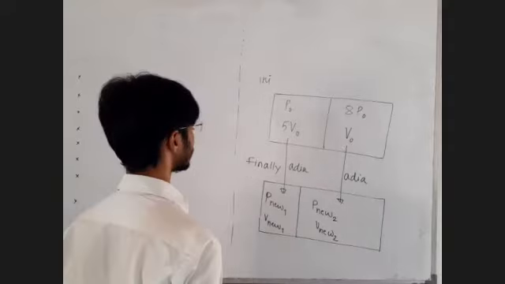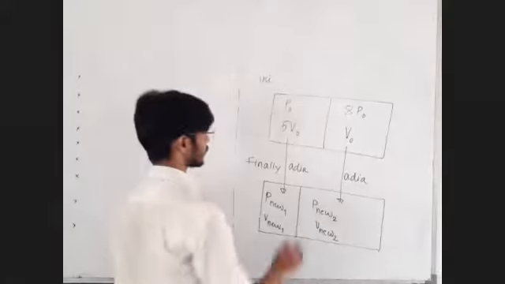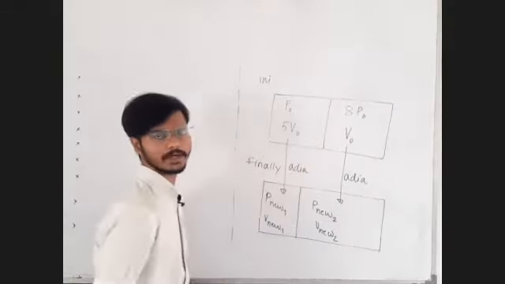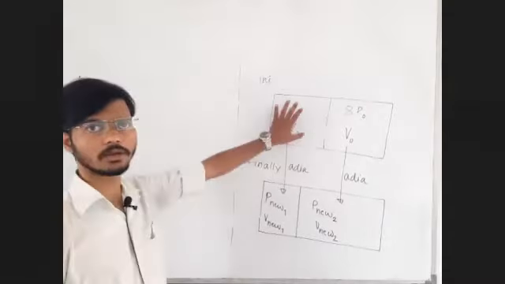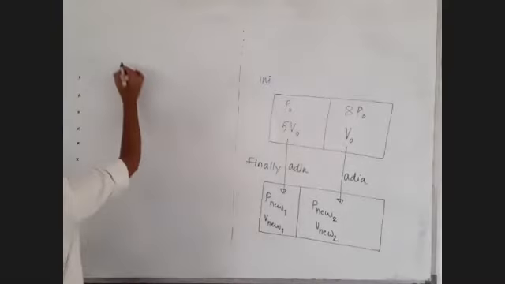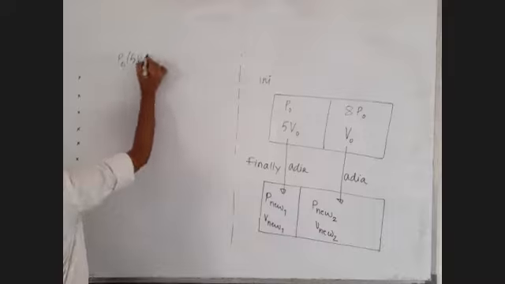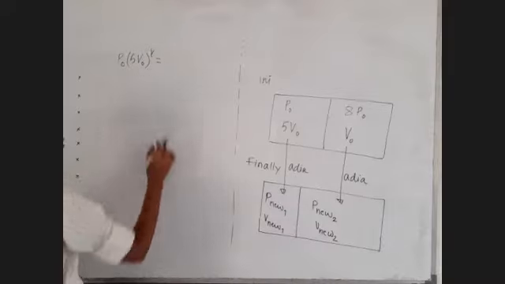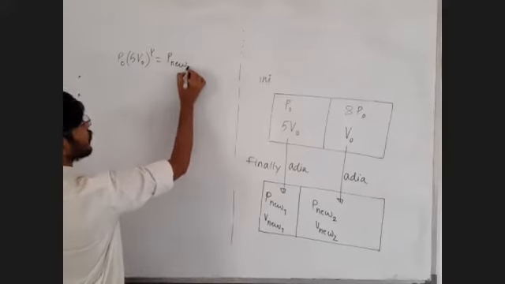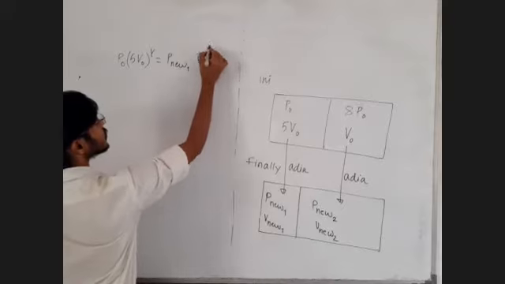So what are the equations that we can write? For this compartment of the gas, we can write P0 into 5 V0 raised to gamma, that is P1 V1 raised to gamma, equal to P2 V2 raised to gamma, that is P nu 1 into V nu 1 raised to gamma.